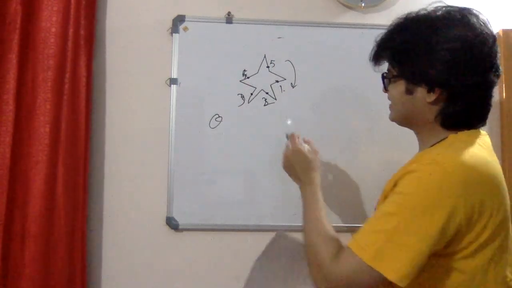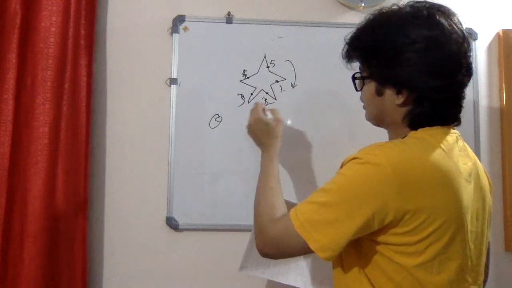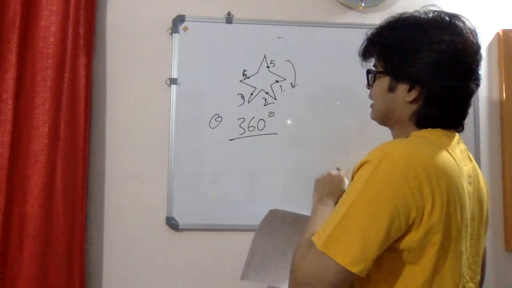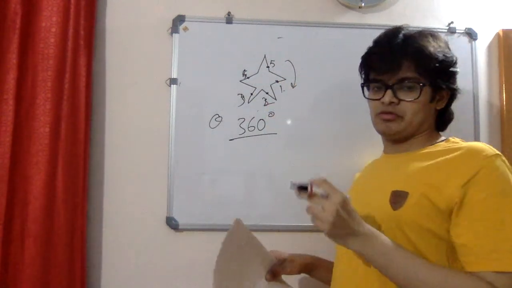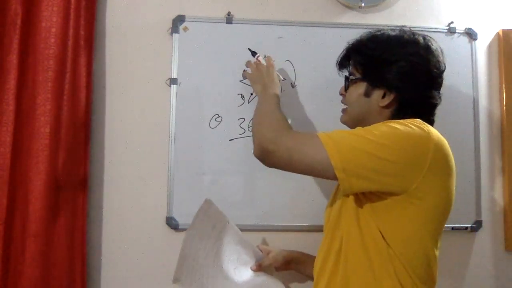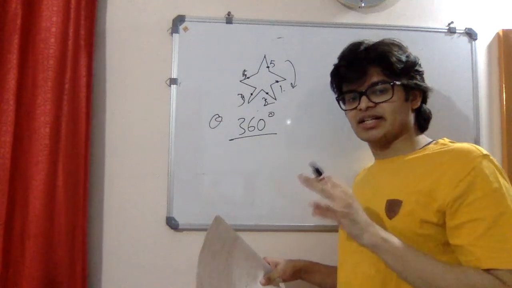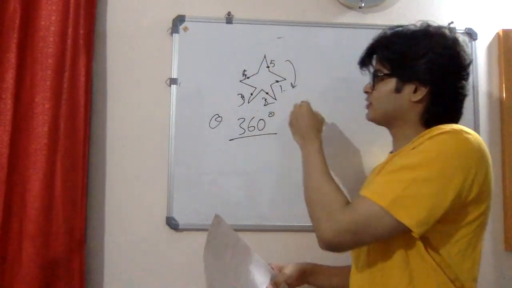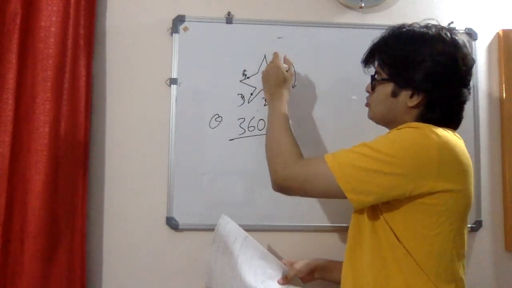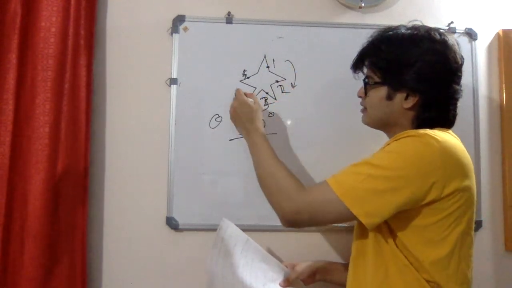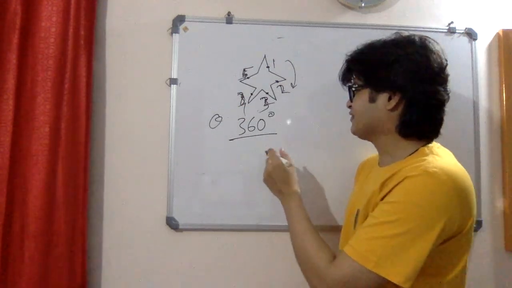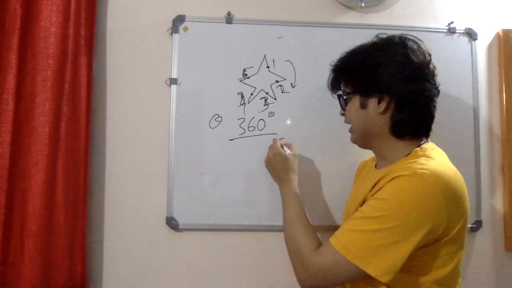Now if you notice, for reaching back to where we started, that means from this modified position to reach back 1, 2, 3, 4 and 5, we have to rotate the star 5 times.